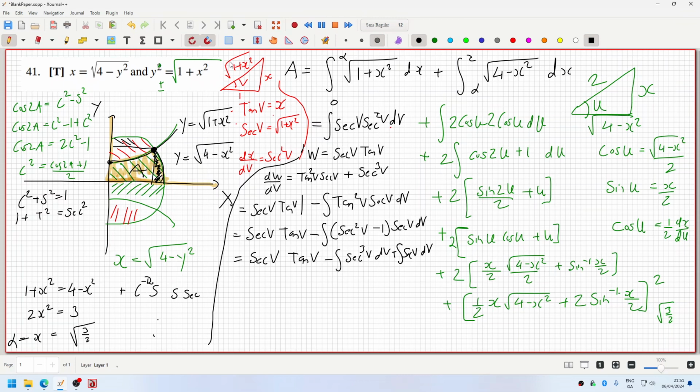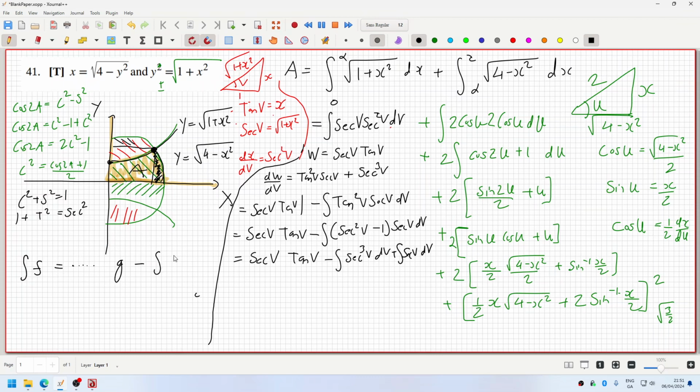So something interesting happens here, which I can kind of show you. If you have a situation like you're trying to integrate something, let's say integrate whatever f is, and as you're using your substitutions, you arrive at some expression minus the integration of f again, you can take that over to the other side.